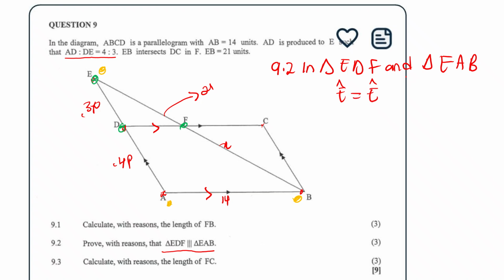Angle E is equal to angle E, because it is a common angle.